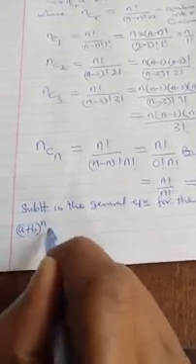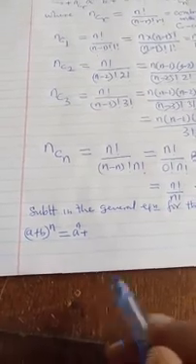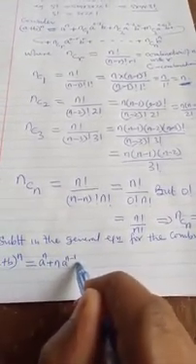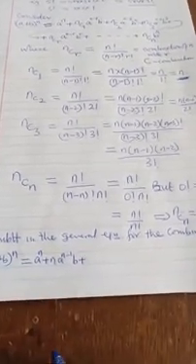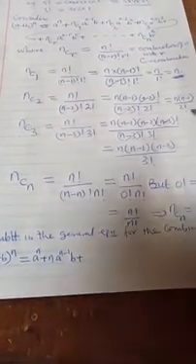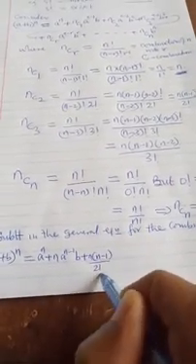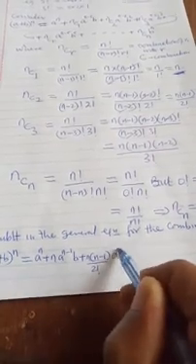I'm getting the final expression, which is going to be important for us: a plus b to the power n is a to the power n plus, when we have n combination 1, we got n, so I'll put plus n a^(n-1) b, plus n combination 2, which we have got as n into n minus 1 over 2 factorial times a^(n-2) b squared.